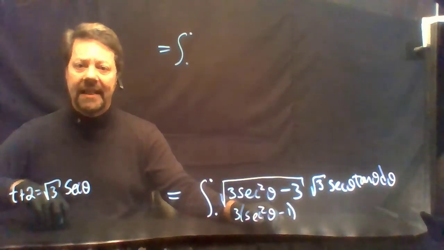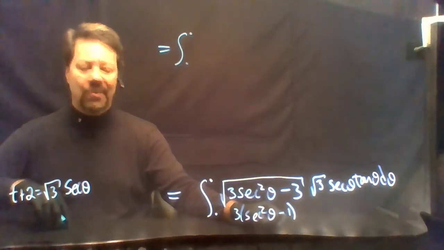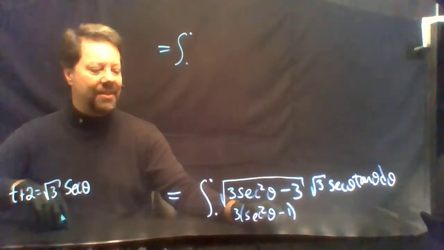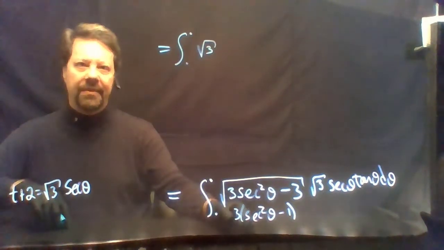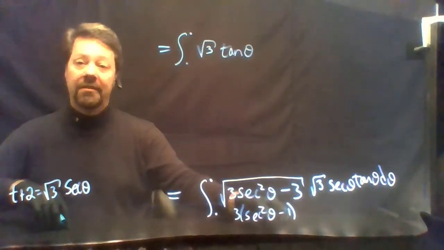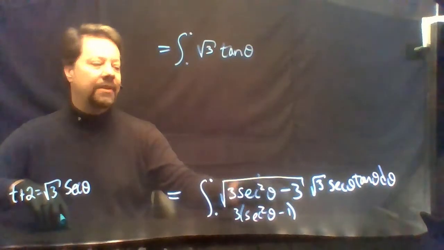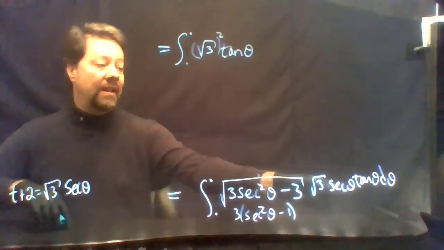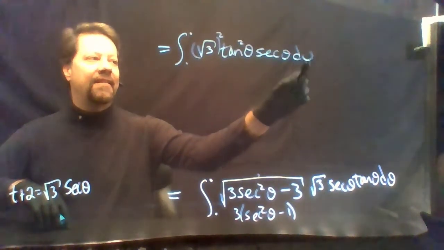And the Pythagorean identity, you will recall, was secant squared theta minus 1 equals tangent squared theta. The square root of tangent squared theta will be tangent, so we'll have root 3 from the square root of this 3, tangent theta from the conversion of secant squared minus 1 to tangent squared and then taking the square root. We'll have another root 3, another tangent, and a secant theta.